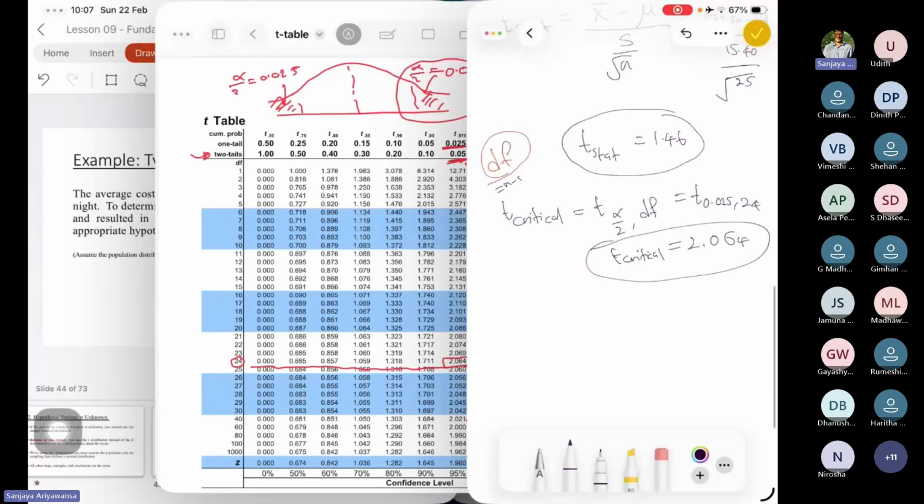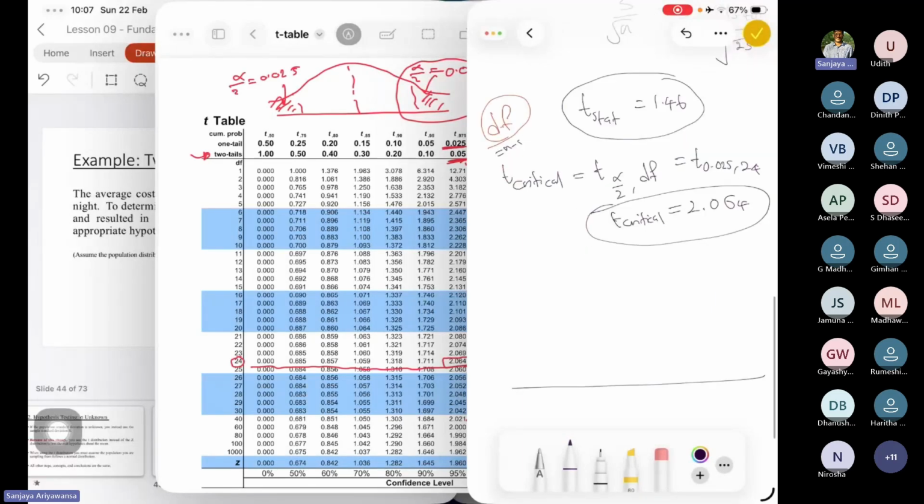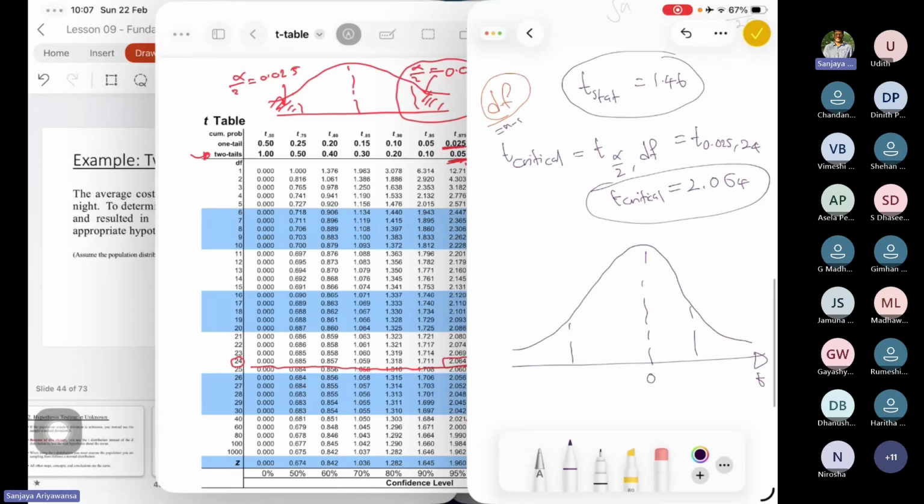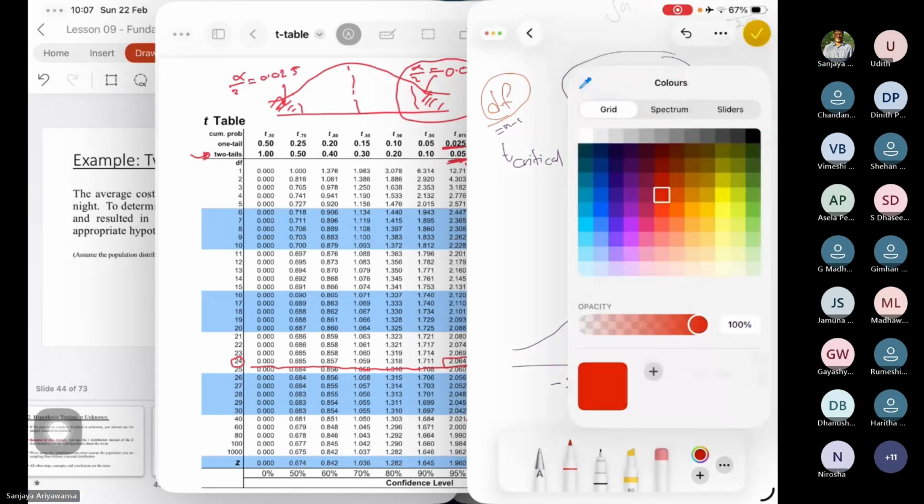What do you do now? Well, if you want, you can visualize it, because it's a little better if you do on your T distribution graph. On either side, you have your T critical value, minus 2.064 and plus 2.064, and then you also have your T statistic here, which is 1.06.